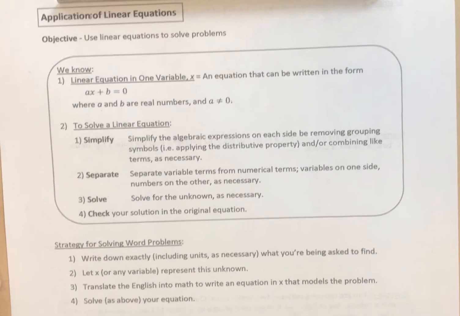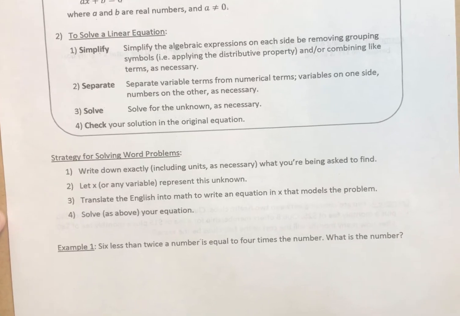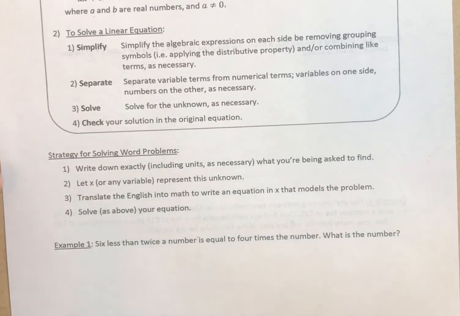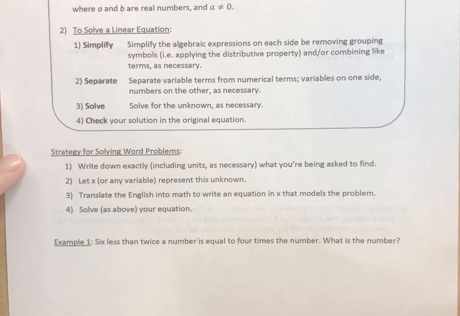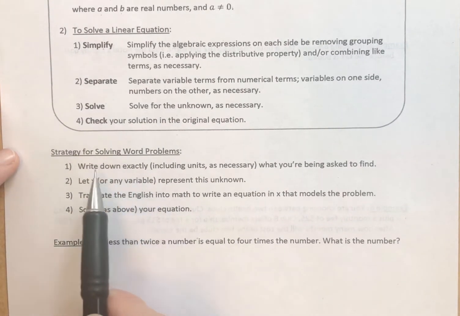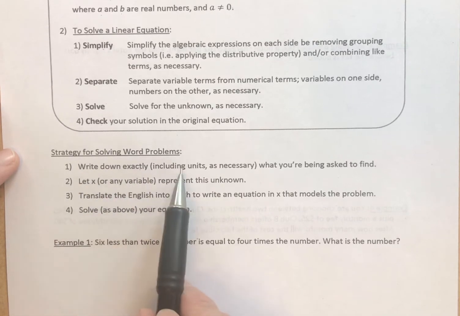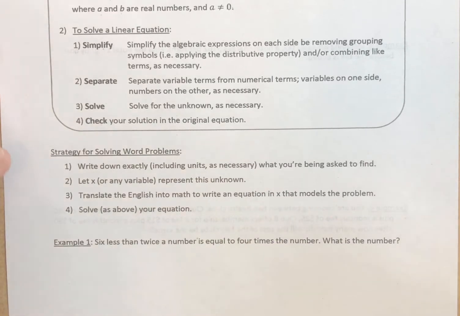All right, so what is our strategy for solving these word problems? Okay, well, our strategy is as follows. The first step, we want to write down exactly, and we want to include units as necessary, what we're being asked to find.